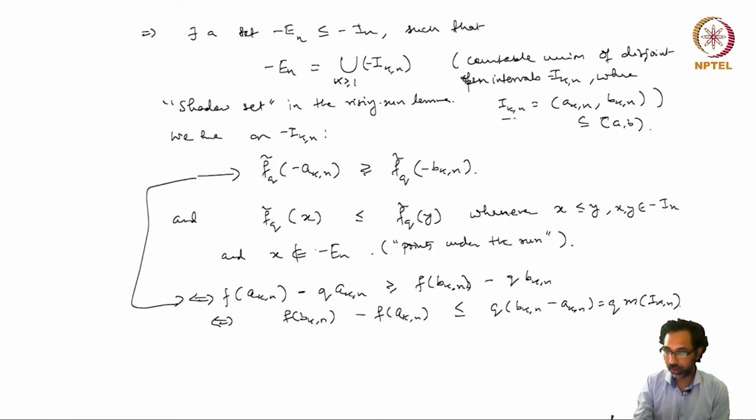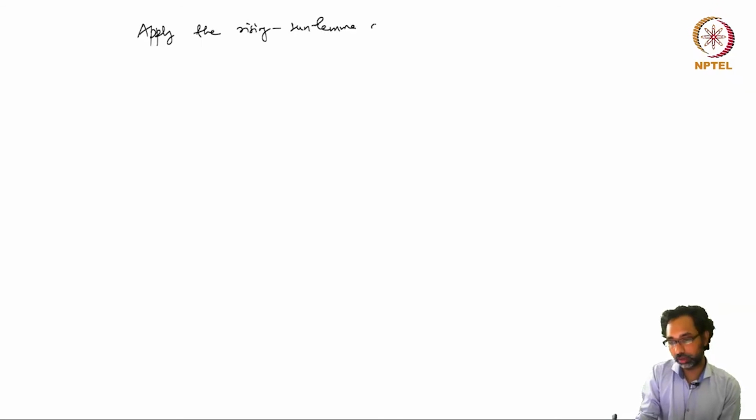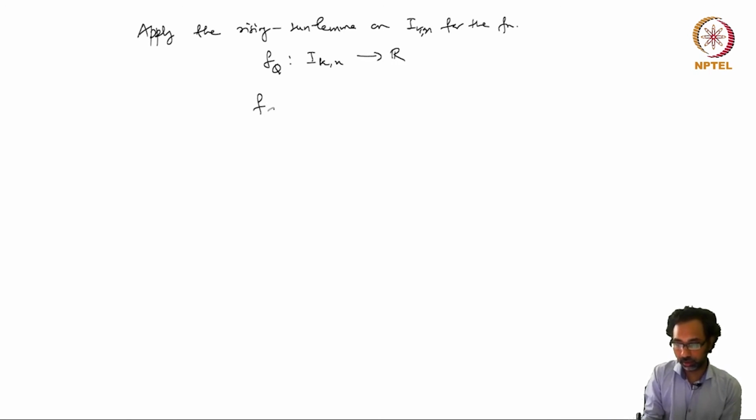Now we will again apply the rising sun lemma, this time on the set Ikn, for the function Fq defined on Ikn to R, defined by Fq(x) is f(x) minus capital Q x.